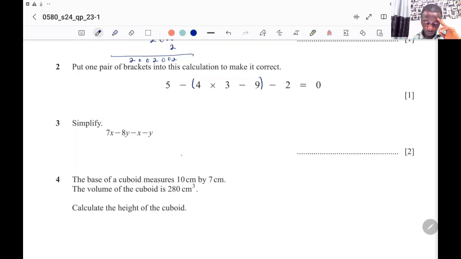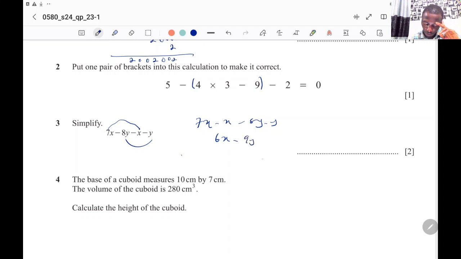Question number 3 says simplify 7x minus 8y minus x minus y. I will just collect them directly. I have 7x minus x, then minus 8y minus y. 7x minus x will give me 6x, and minus 8y minus y will give me minus 9y.